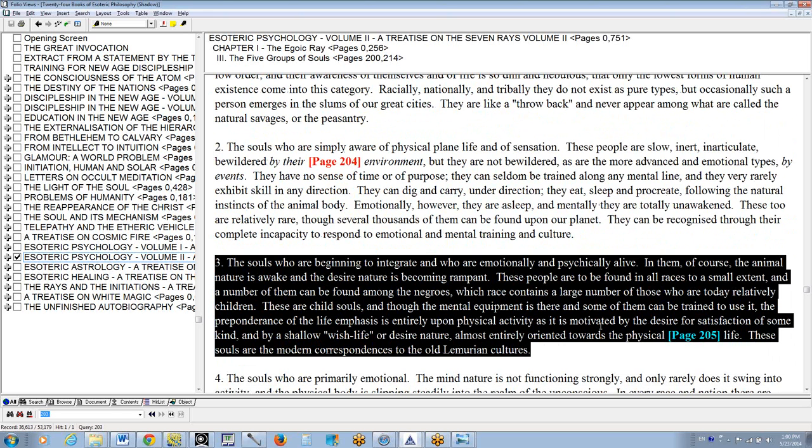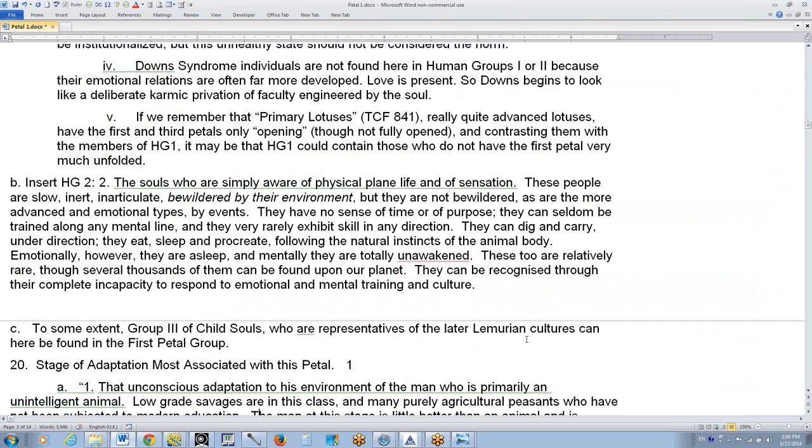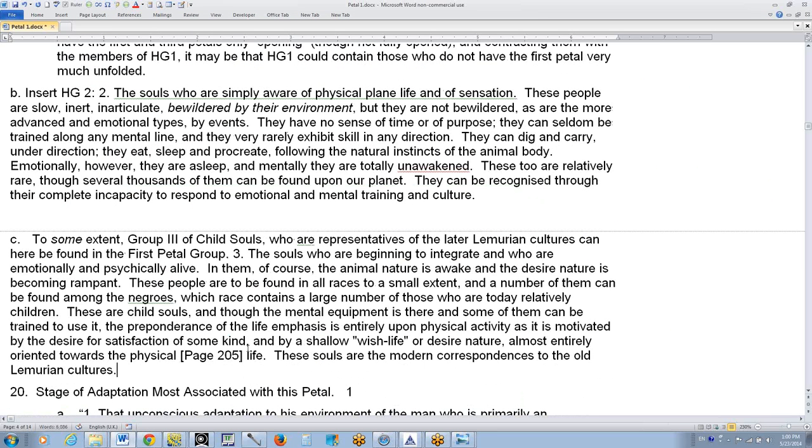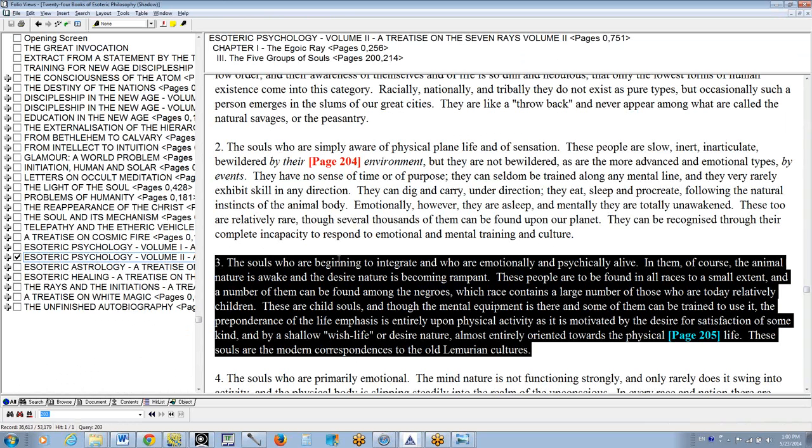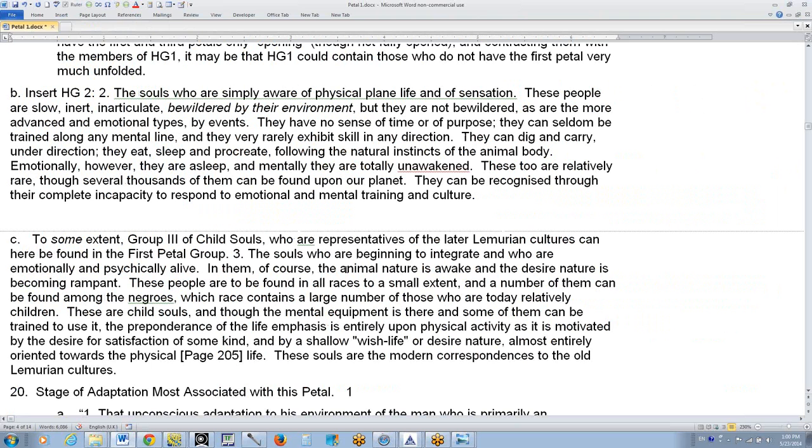Well, maybe it's beginning to be, I say only to some extent, because there are parts of this group which don't really belong. Beginning to be the souls who are beginning to, let's say, integrate, and who are emotionally and psychically alive.